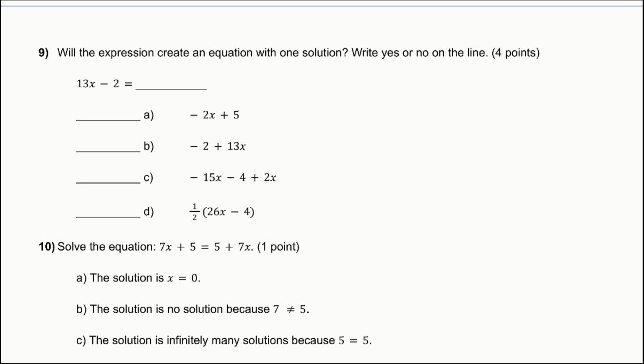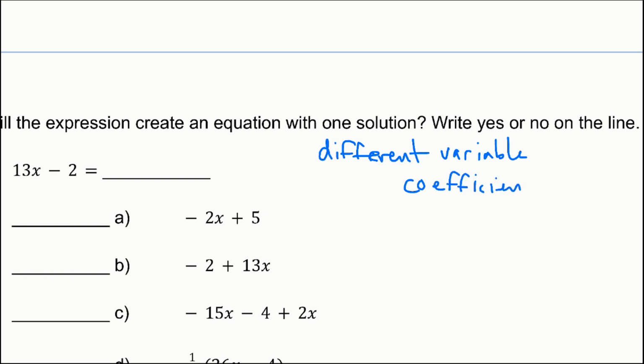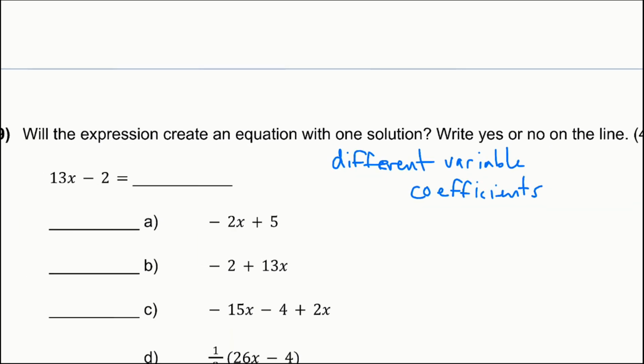Will the expression create an equation with one solution? All you have to do on here is make sure you have different variable coefficients.